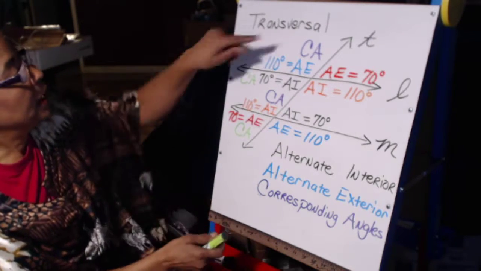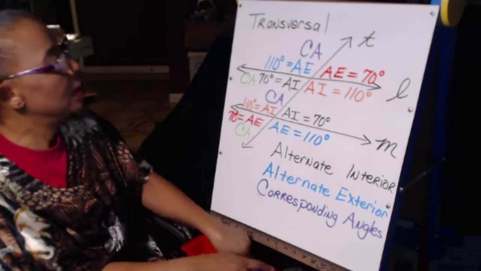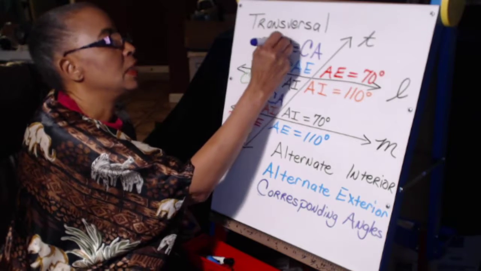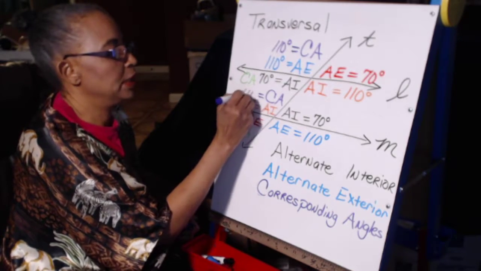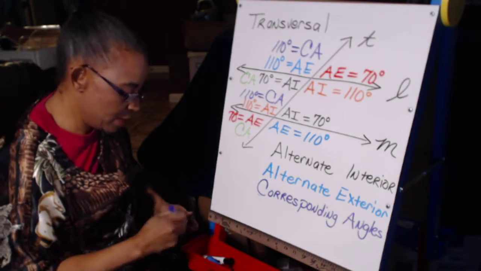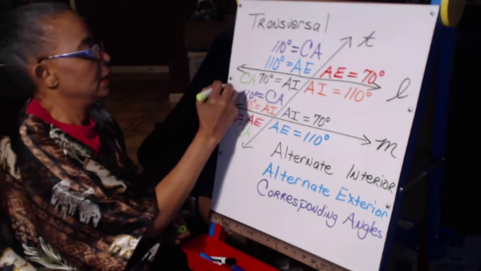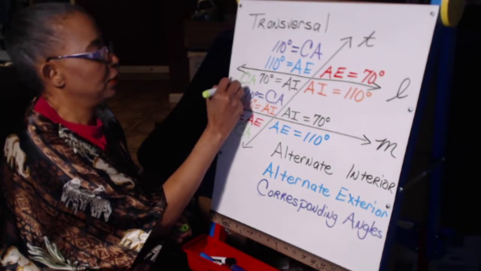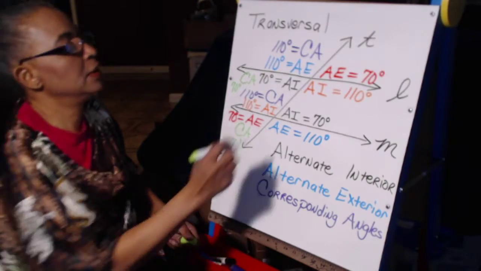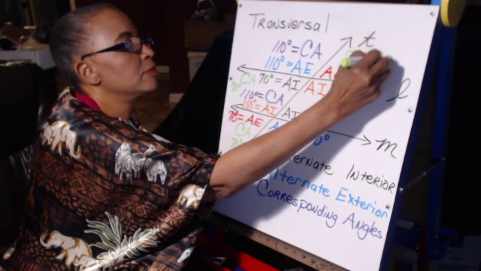So, if this is 110 degrees, this is also 110 degrees, and they must be supplemental as well. So that means that this is 70 degrees and this is 70 degrees. So on the other side, we'll call this 70 degrees.